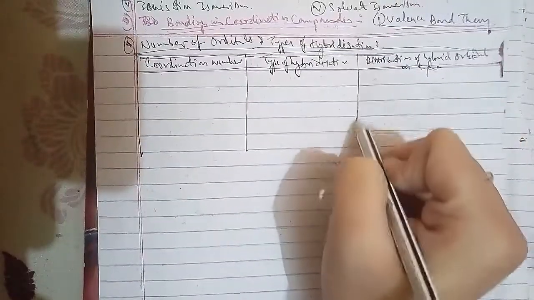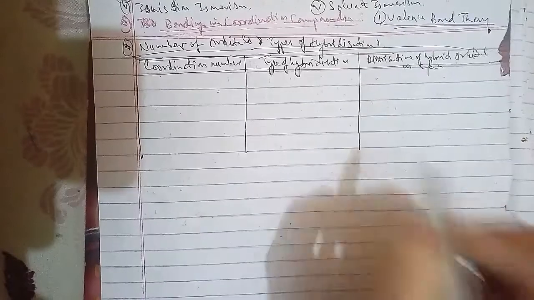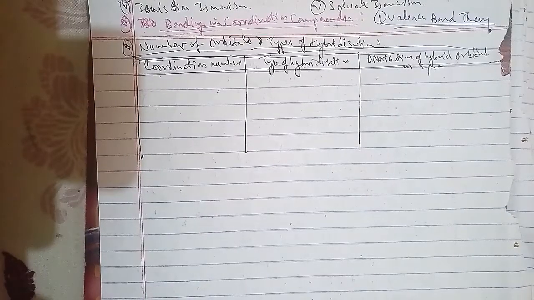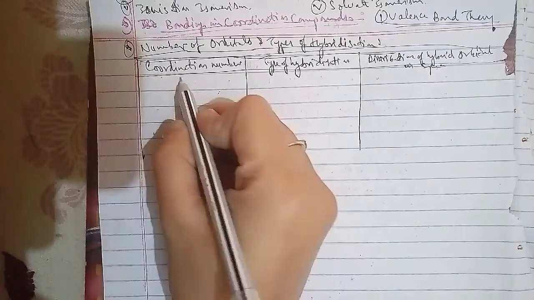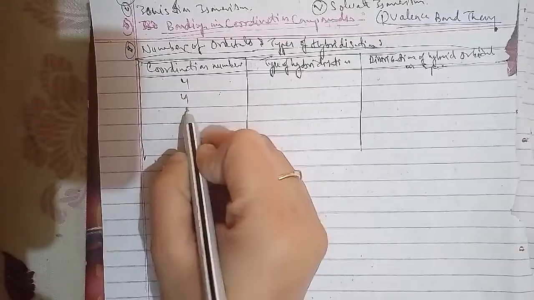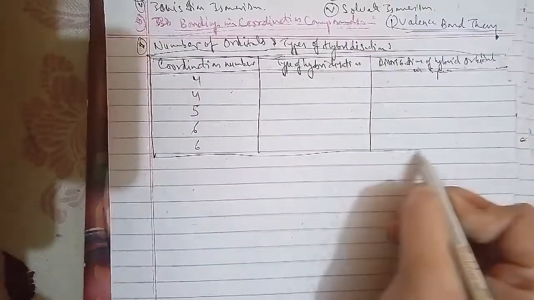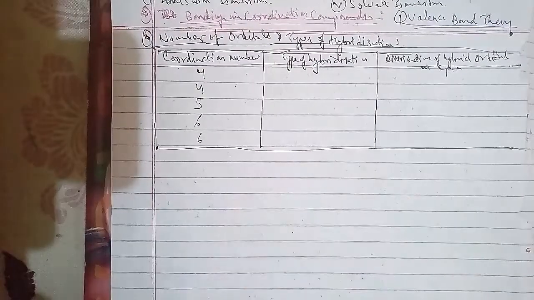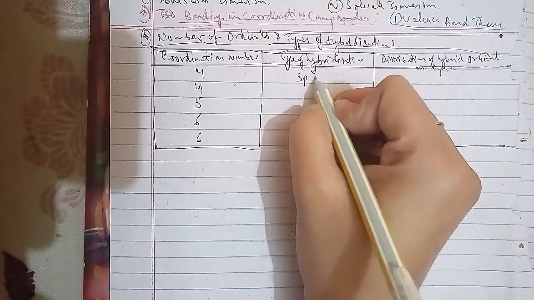It is usually possible to predict the geometry of a complex from the knowledge of its magnetic behavior on the basis of valence bond theory. In the diamagnetic octahedral complex [Co(NH3)6]3+, the cobalt ion is in the +3 oxidation state and has the electronic configuration 3d6, and the hybridization scheme is as shown in the diagram.